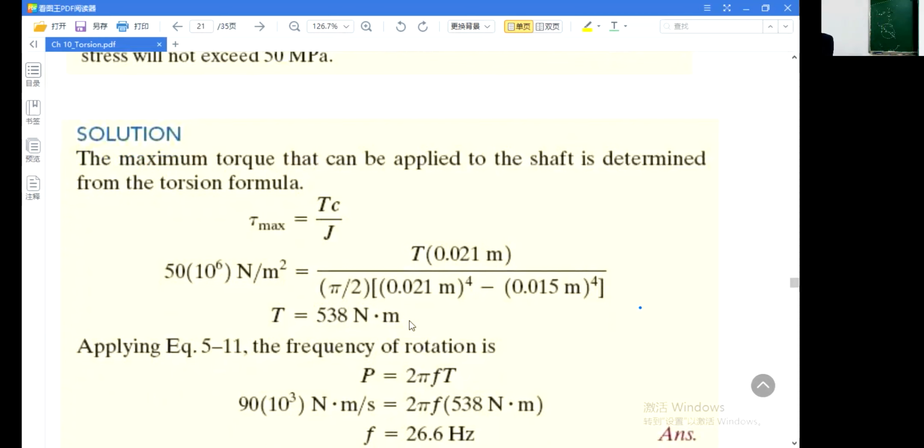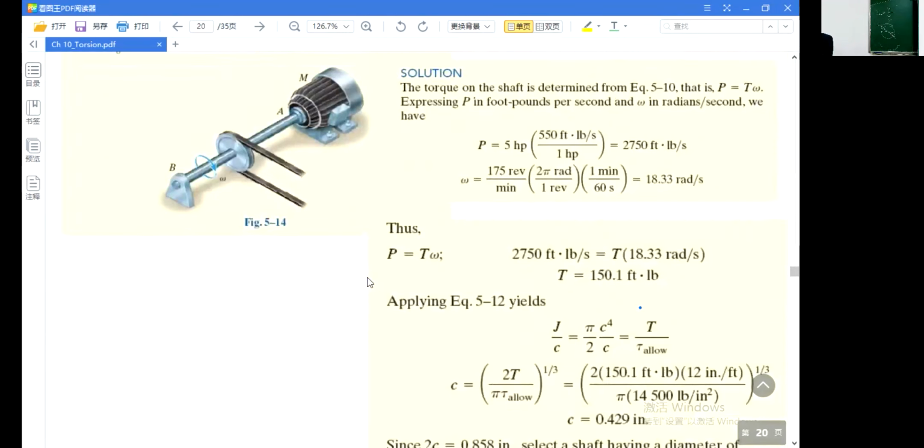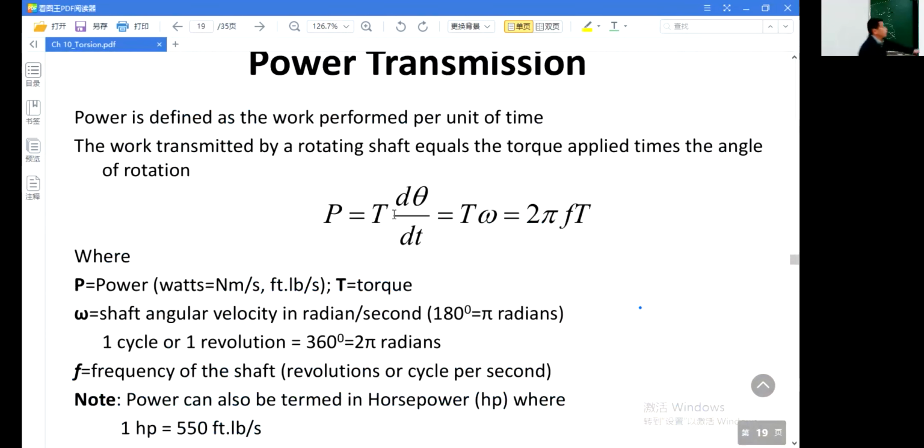T is 538 Newton meter, because from the power formula, P is T omega, which is T times 2 pi f. T is torque, tau is shear stress.